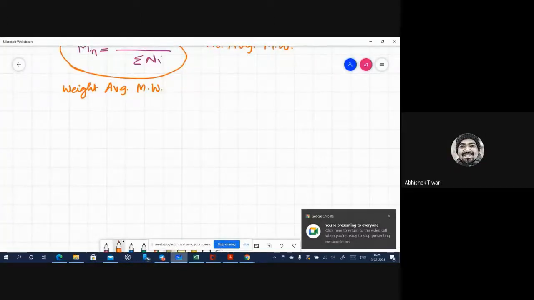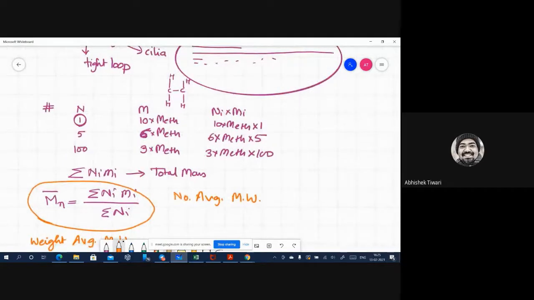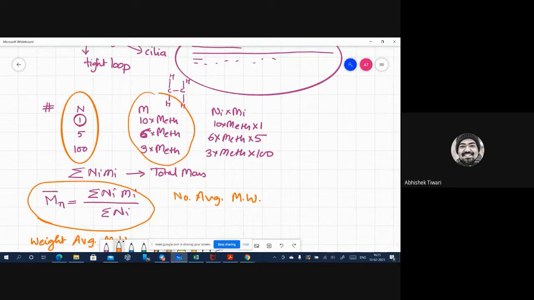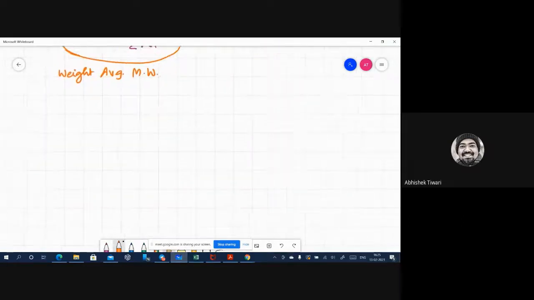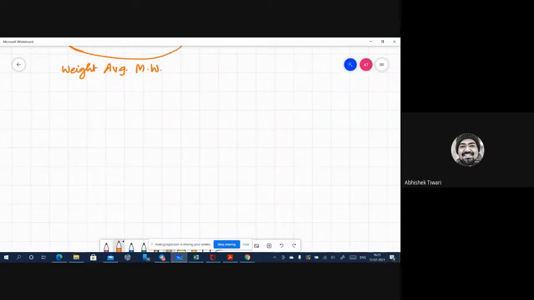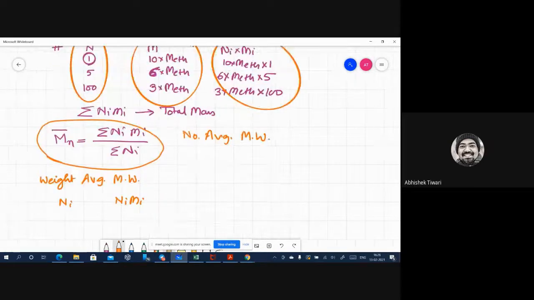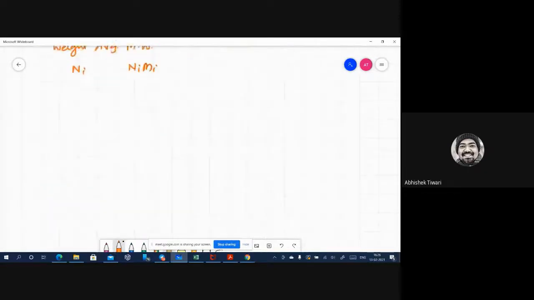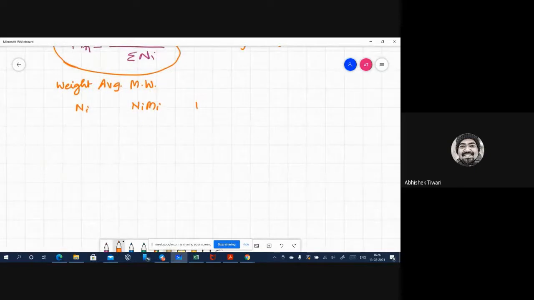So in number average, what we did was we have the number of chains, we have the mass of each chain, and then we calculate Ni into Mi, and this part is very clear, and then we take this kind of average. In weight average molecular weight, we have Ni, that is clear. Then we have Ni into Mi, that is also, you know how to do that from here. And then we calculate something we call weight fraction, Wi.